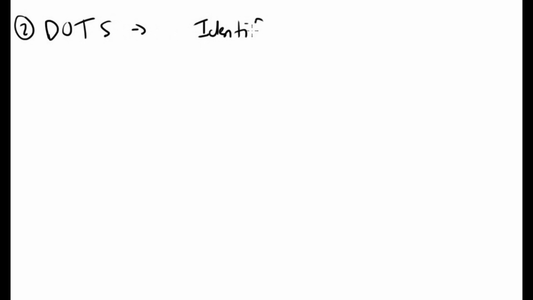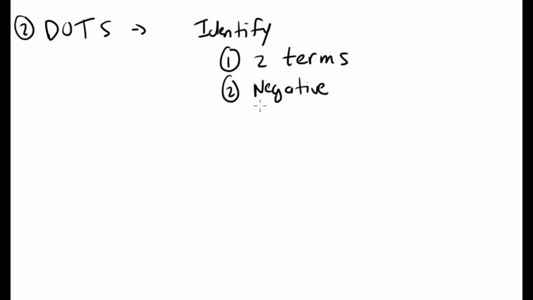There are three things you've got to look at. Number one is you've always got two terms. Number 2 is there must be a negative in the middle. And number 3 is both terms must be perfect squares.